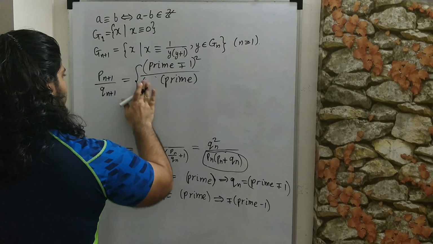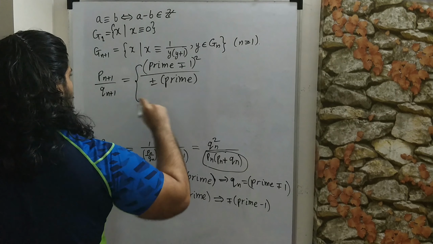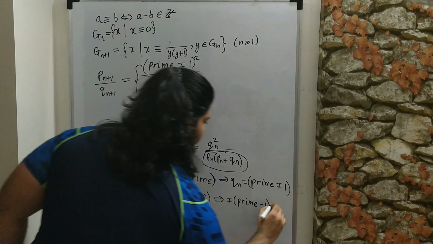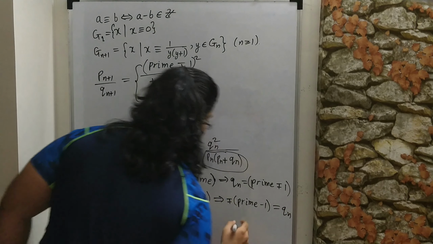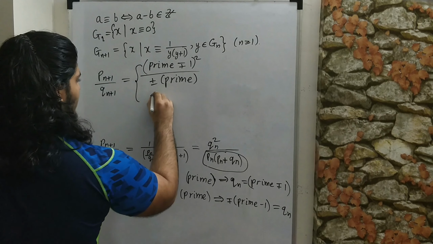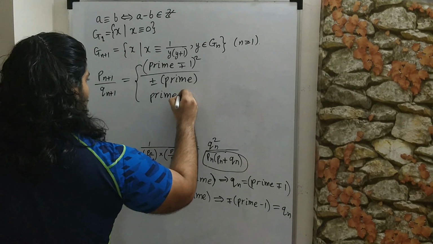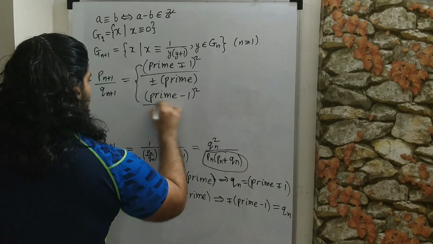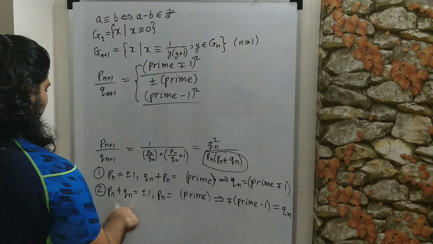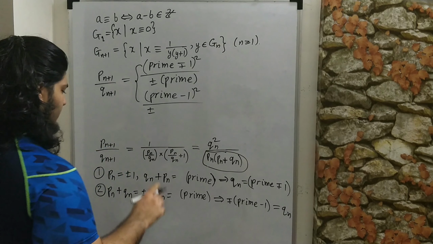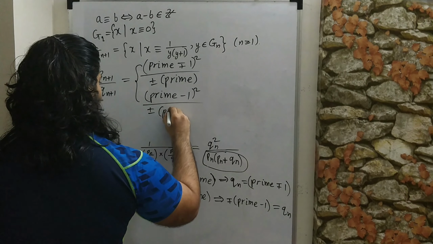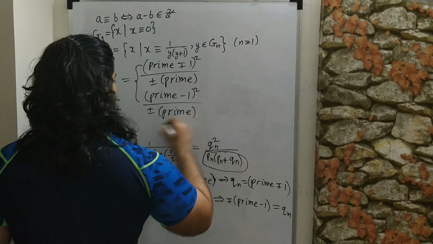So we can drop this and just say plus minus, and in the other case we have this being q_n, so it becomes (prime minus 1) squared all over p_n plus q_n is plus minus 1 and p_n is prime, so again prime.